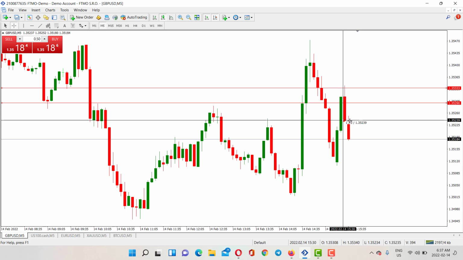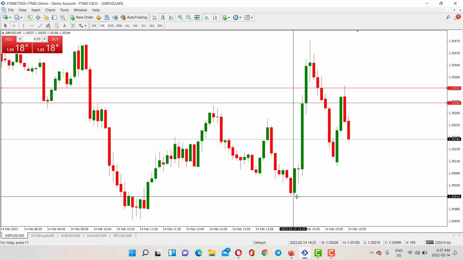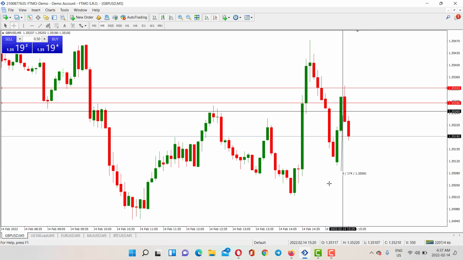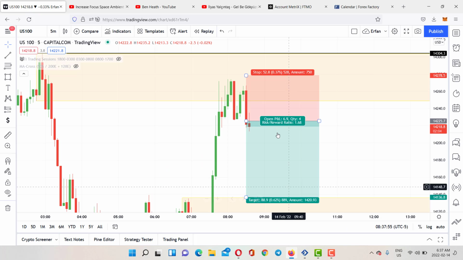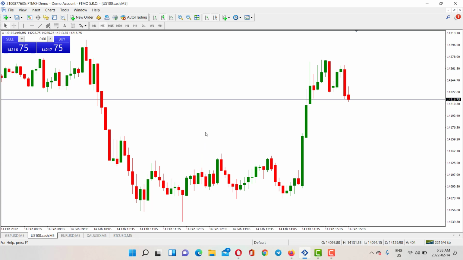That's why we have this huge candle towards downside, and we have liquidity around here and here. Now the price is trying to grab this liquidity here or this liquidity here and then go towards upside. And EURUSD NAS100 is also going down.